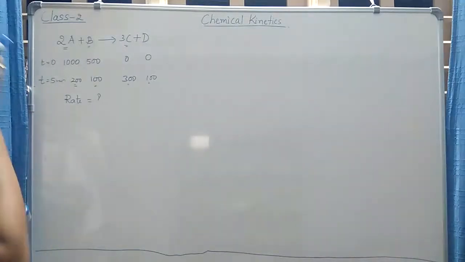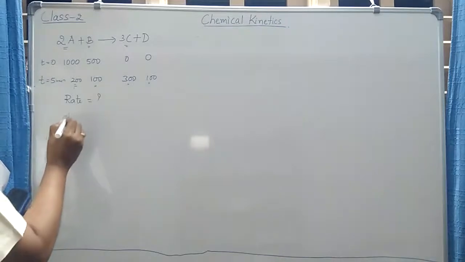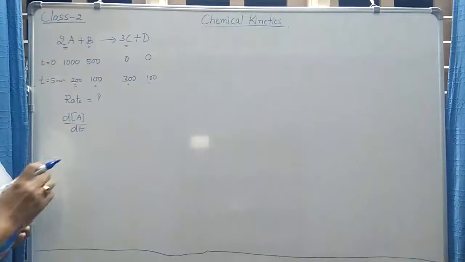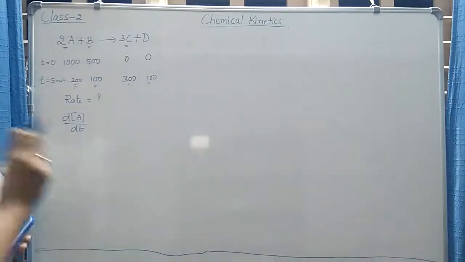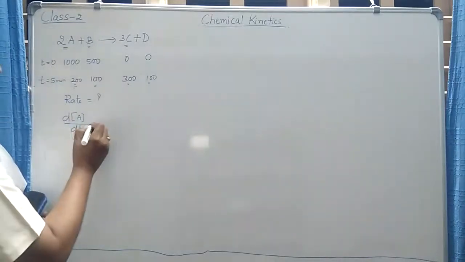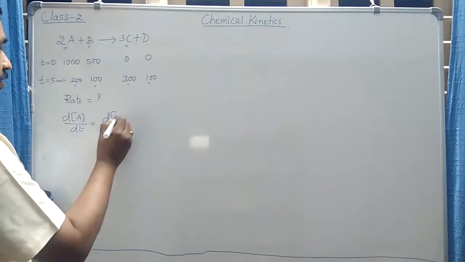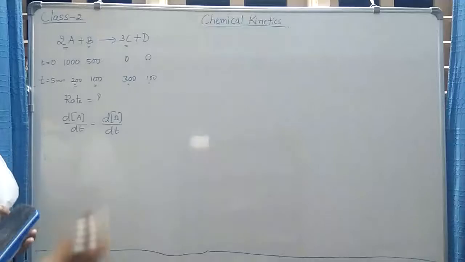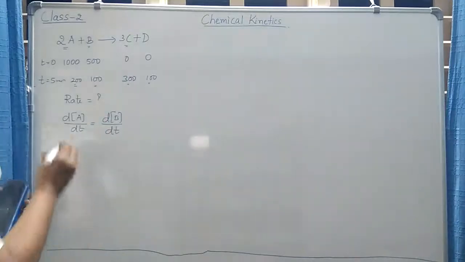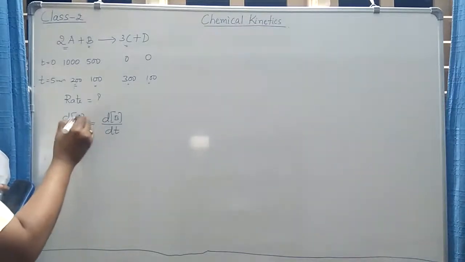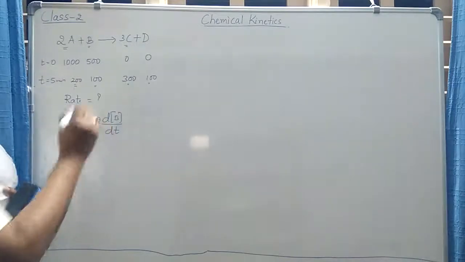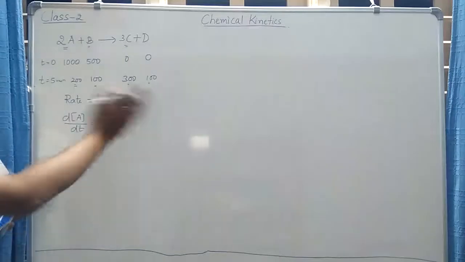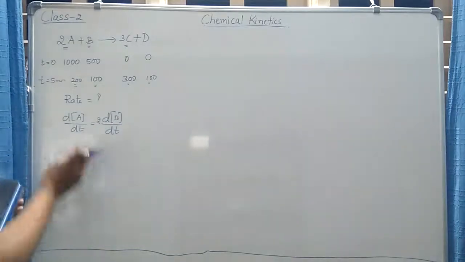For that, let us first understand the relation of dA by dt. What is dA by dt? It is the rate of disappearance of A with respect to time. How is it related to dB by dt, the rate of disappearance of B with respect to time? As I already told you, dA by dt is 2 times dB by dt. The rate of disappearance of A is 2 times the rate of disappearance of B. This is a bigger number.